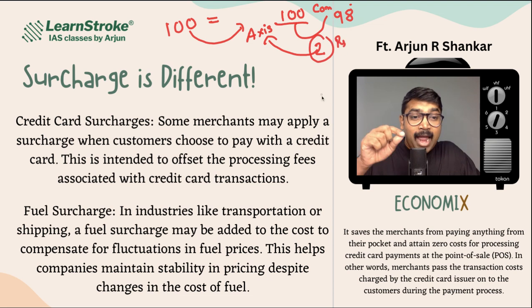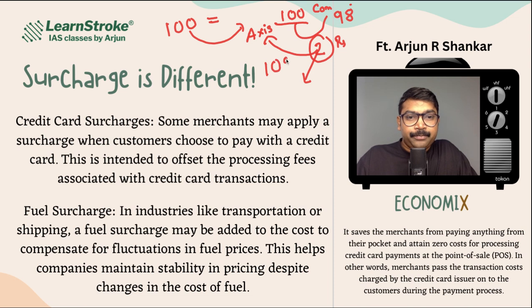So when you add a small surcharge, the company is offsetting this 2 rupee cost. When you charge it, it is not 100, you charge 109 rupees. So even after Axis Bank takes 2 rupees, and even after the taxes and all, the company will still get 100 rupees.